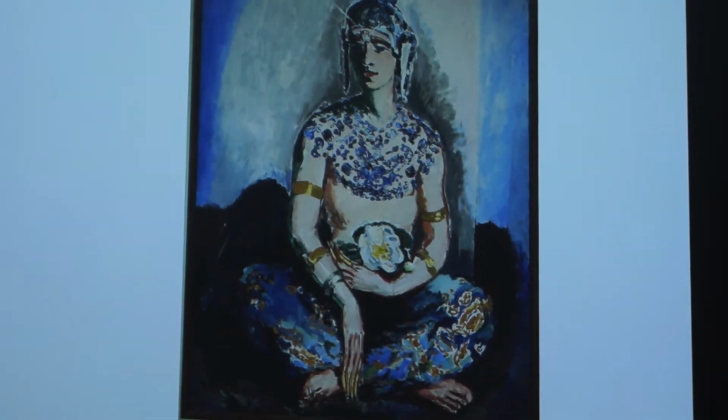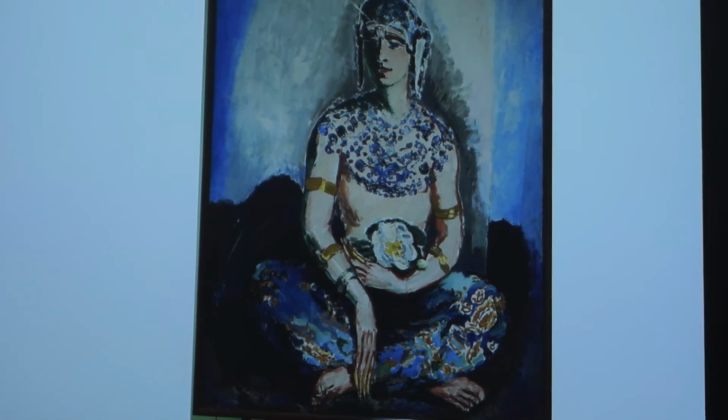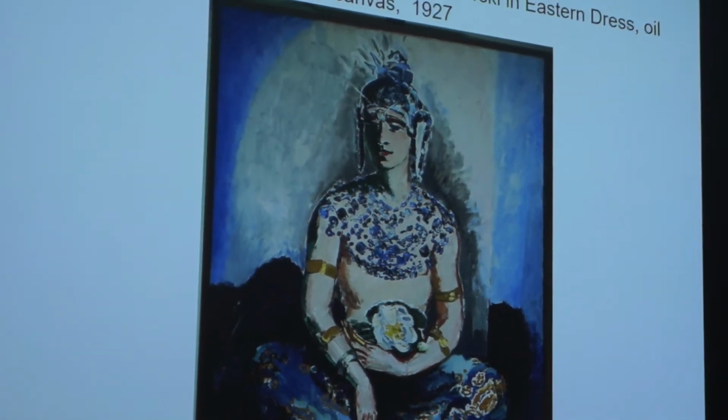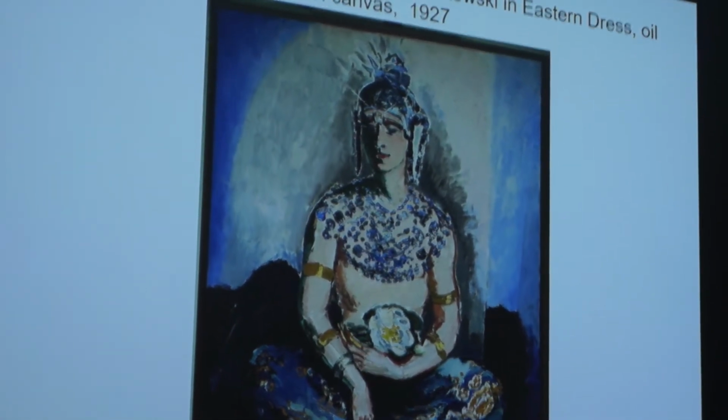For example, we are looking at an image like this one. This is Kees van Dongen, who is a Fauvist artist that specializes in painting masquerades and nightlife and having a great time in clubs. And this is a portrait of a very famous Polish hairdresser, the first celebrity hairdresser ever, Antoine de Paris.